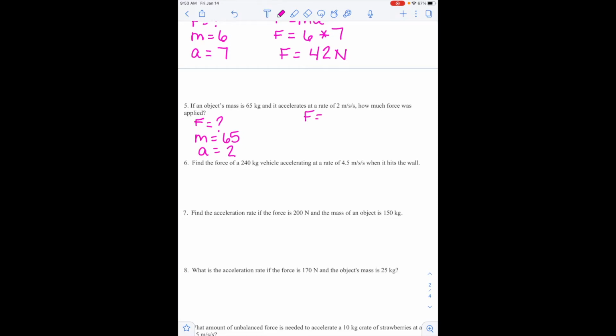We are going to plug in our numbers to our formula, F equals ma. We have 65 times 2. If you need to use a calculator, feel free to do so. I don't think I have one installed on my iPad. I know that 65 times 2 is 130, and that is newtons for force.